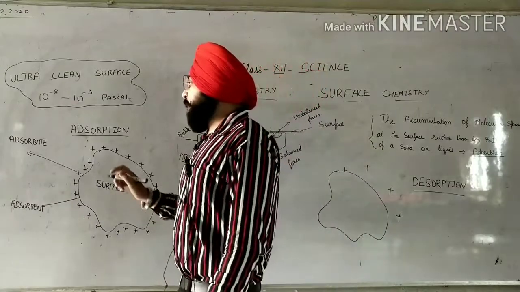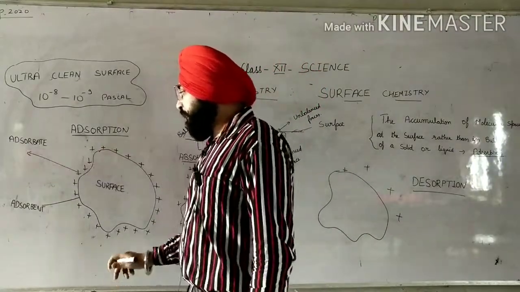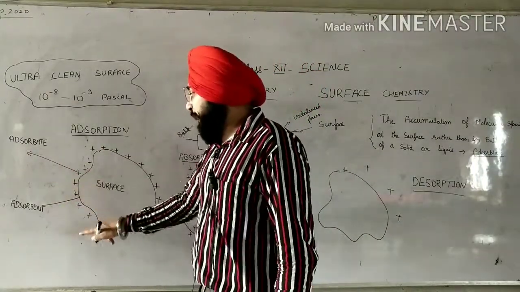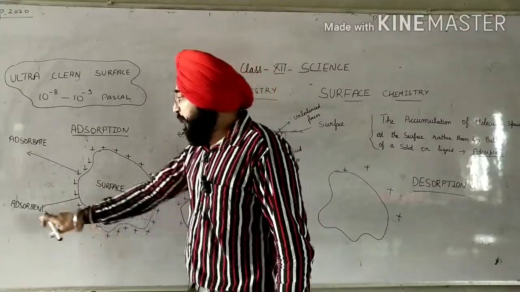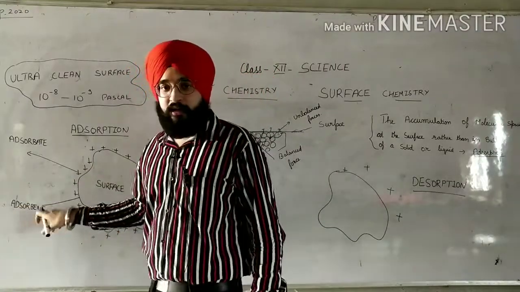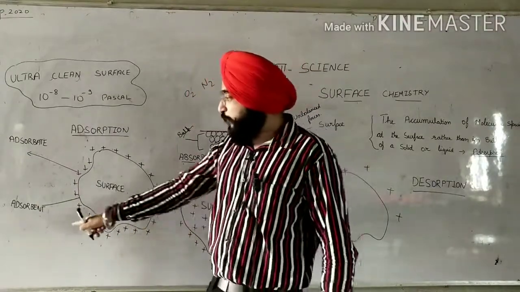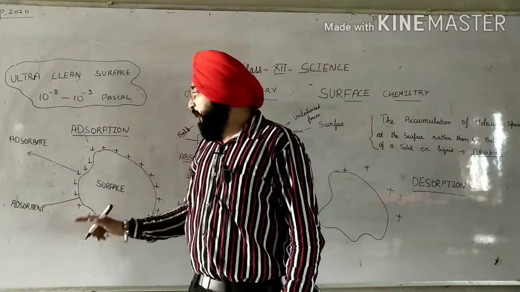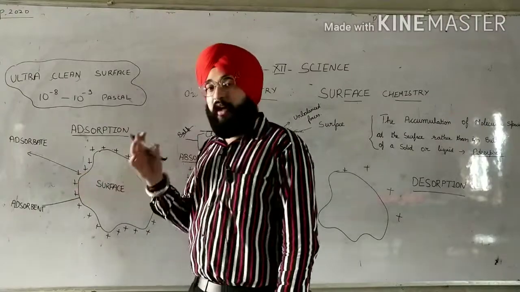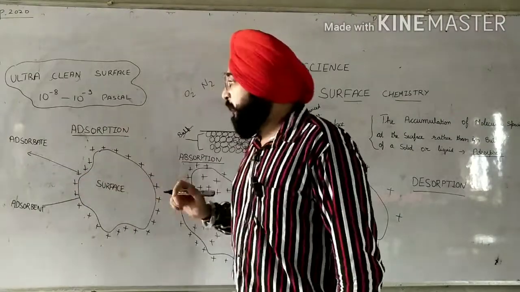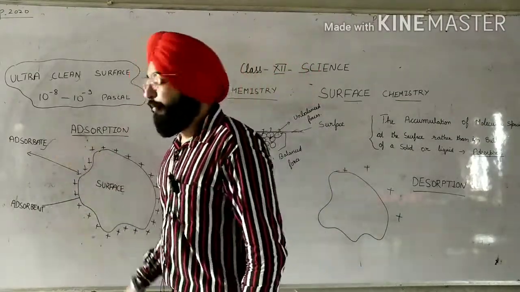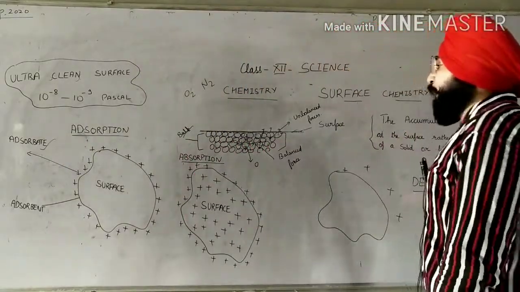The surface at which the particles interact is known as the adsorbent, and the particles which are adsorbed on the surface are known as the adsorbate.